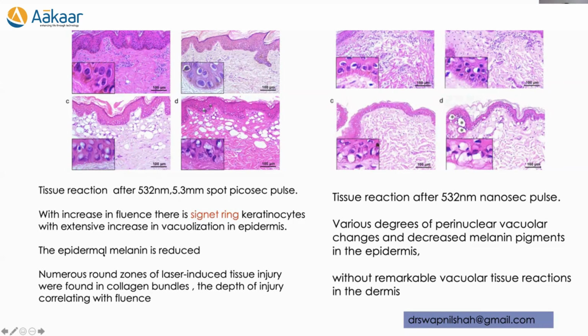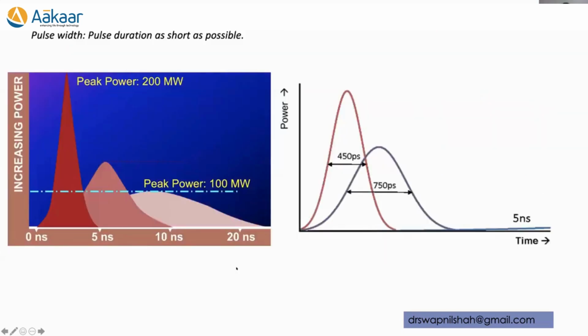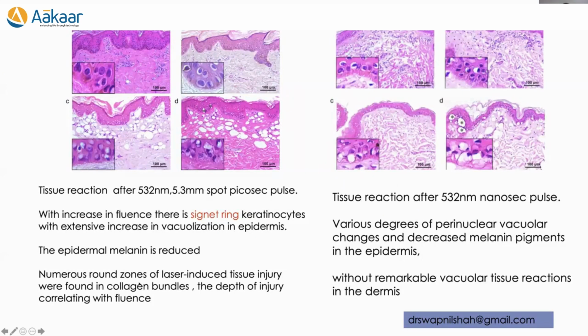The epidermal melanin is obviously reduced, and numerous round zones of laser-induced tissue injury were found in the collagen bundle, with the depth of the injury correlating with the fluence. So the more the fluence, the more the depth achieved.